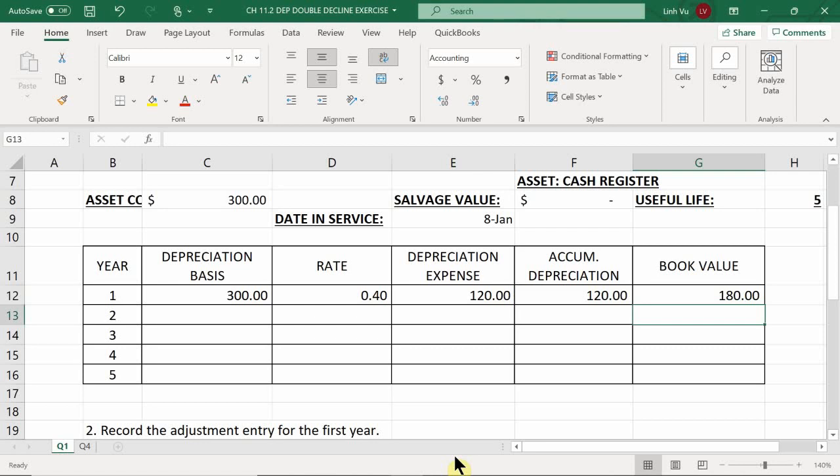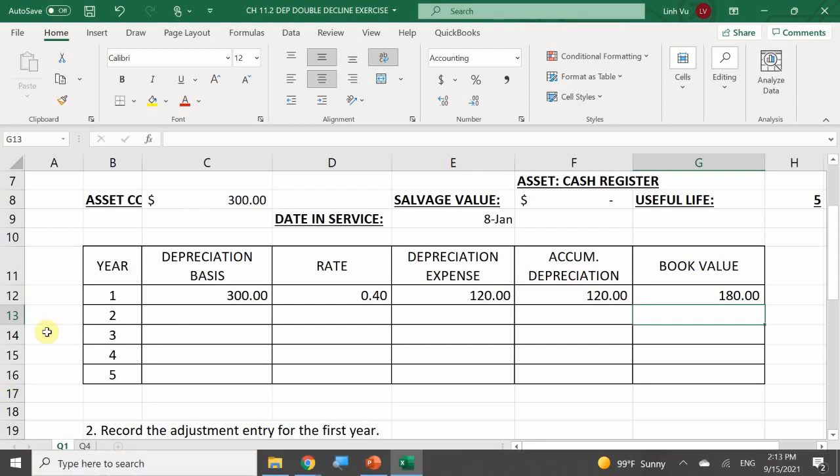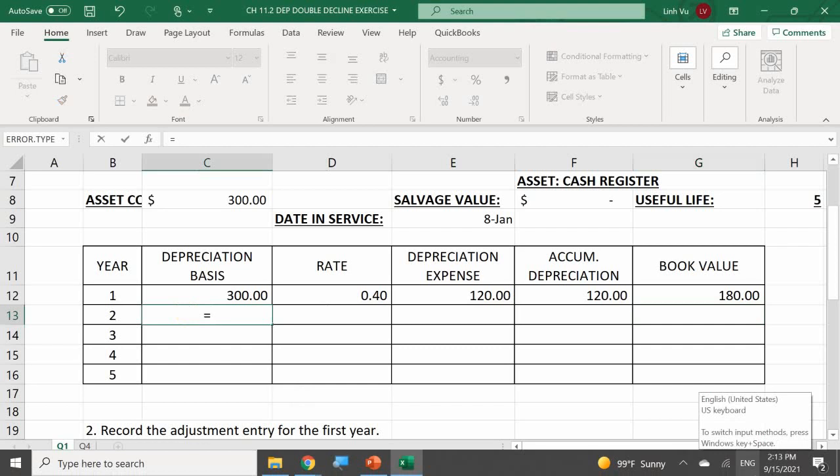Okay, good. So then, how do I solve for my depreciation basis for year 2? $180.